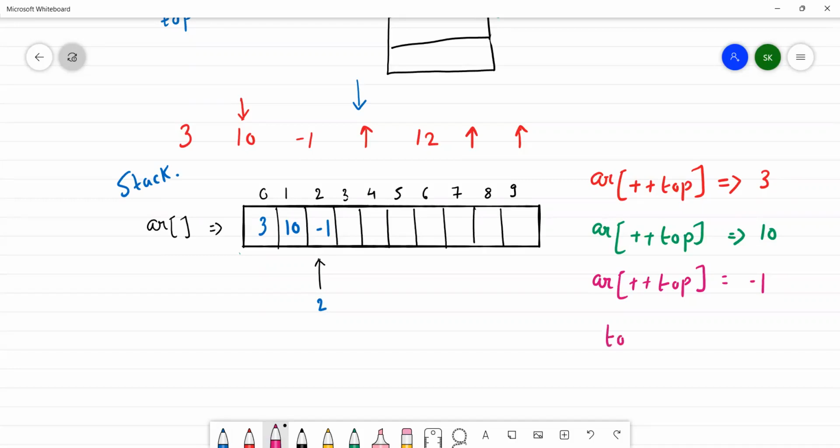If I just do top minus minus, it will do my work, because when my top is at one position, no matter what is there in the next position, it doesn't matter. Because when the next number comes, let's suppose 12, I will just increment my top again and write here equals 12. I am not even checking which number is there in this index. So should I actually need to delete this number?